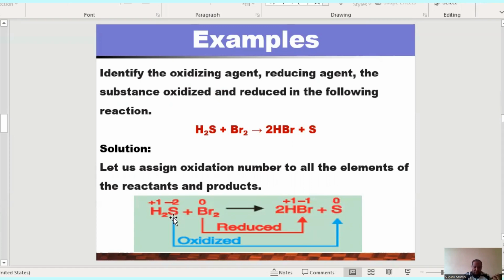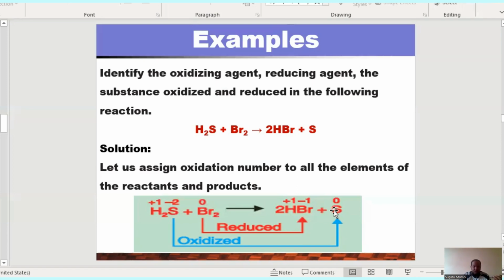The oxidation state of sulfur changes from -2 to 0. This implies the oxidation number is increasing, from -2 to 0, because sulfur loses 2 electrons. Okay, reduction is loss of what?